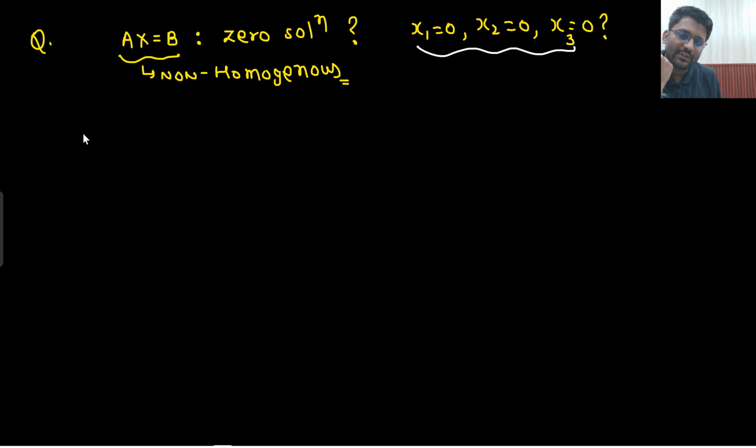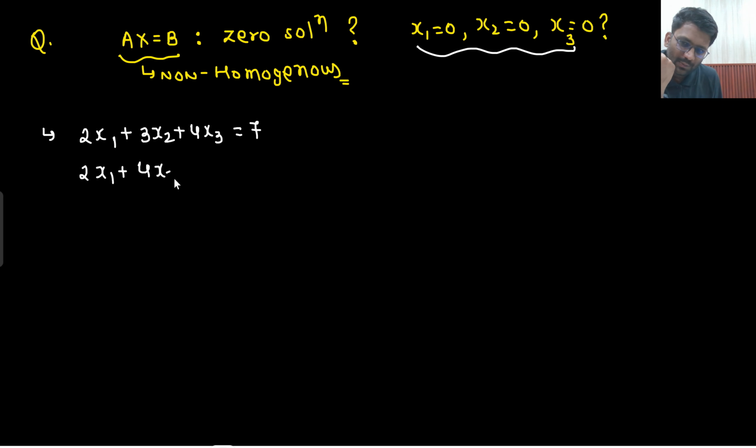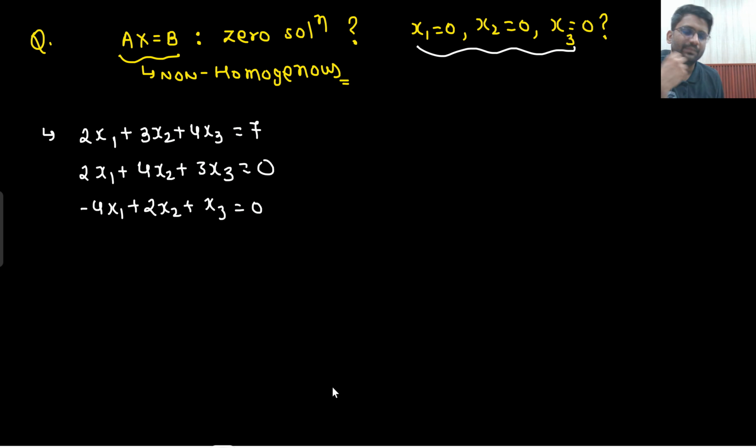So can we write down some non-homogeneous equation? Let's say I have written 2x1 plus 3x2 plus 4x3 equals 7; 2x1 plus 4x2 plus 3x3 equals 0; minus 4x1 plus 2x2 plus x3 equals 0. I want this to be the solution.